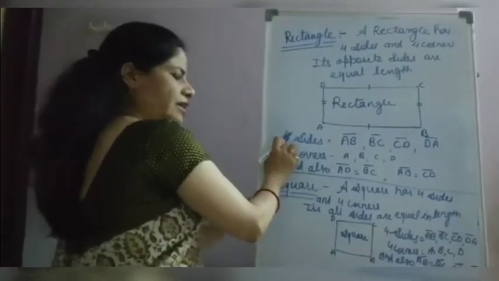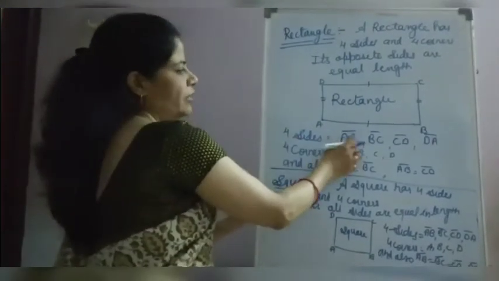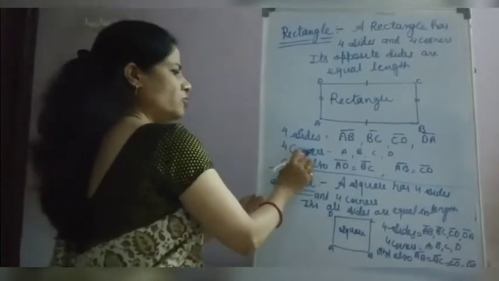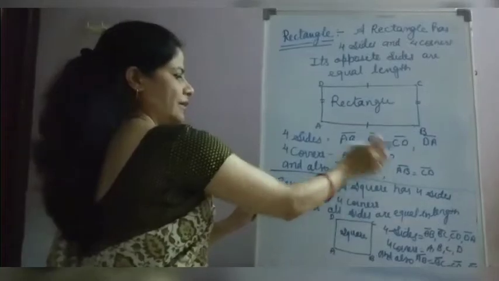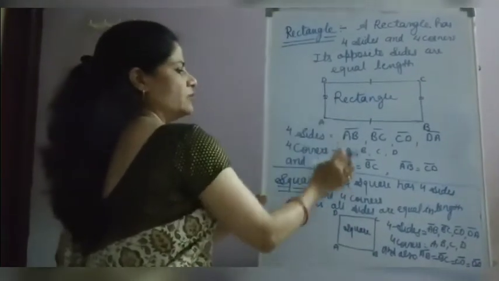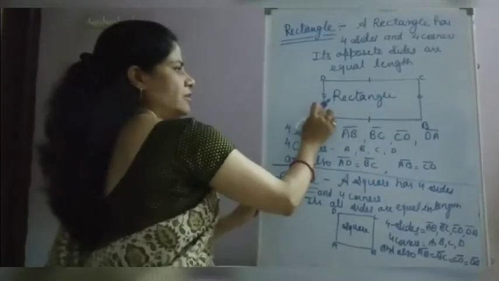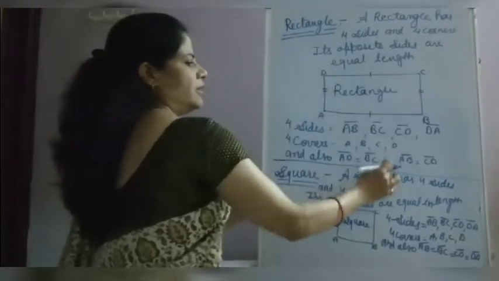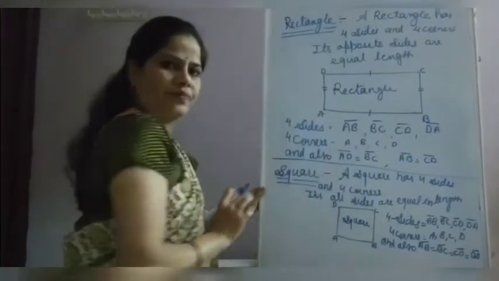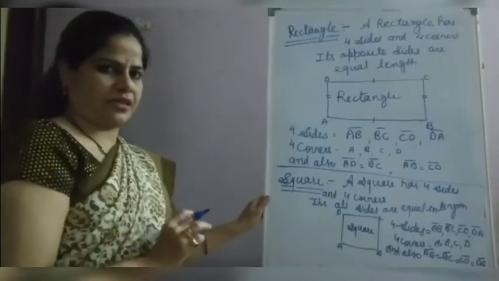So, a rectangle has 4 sides AB, BC, CD, DA and 4 corners A, B, C, D. And in a rectangle, opposite sides are equal: AD equals BC and AB equals CD. This is the definition of a rectangle.